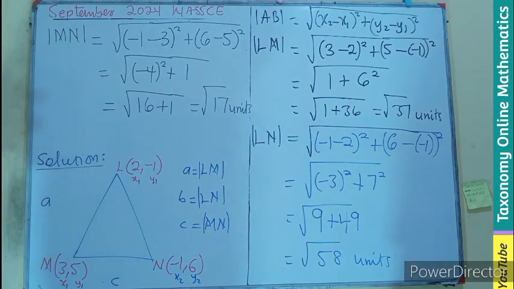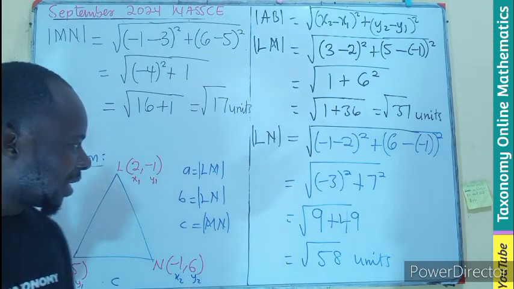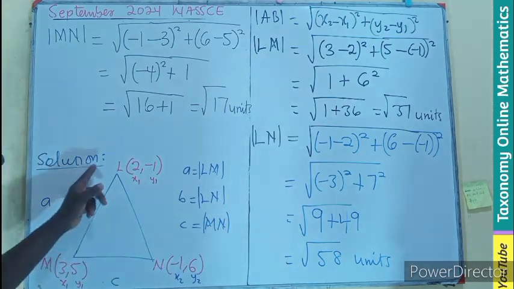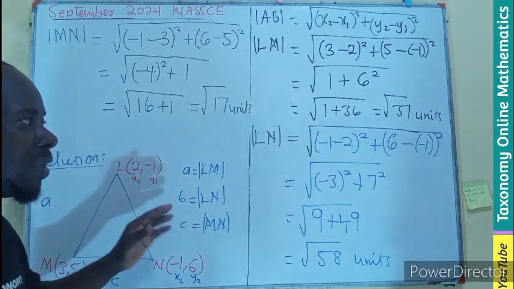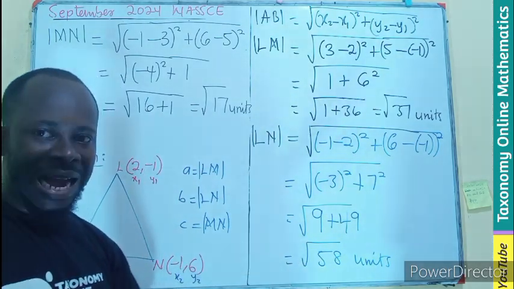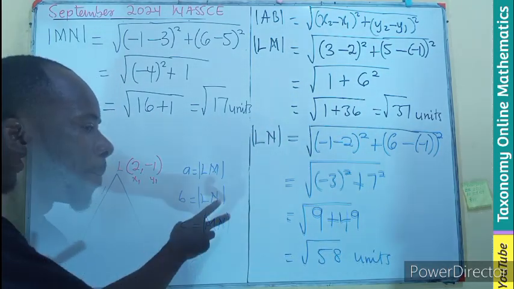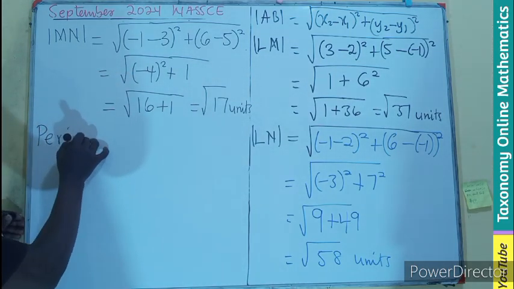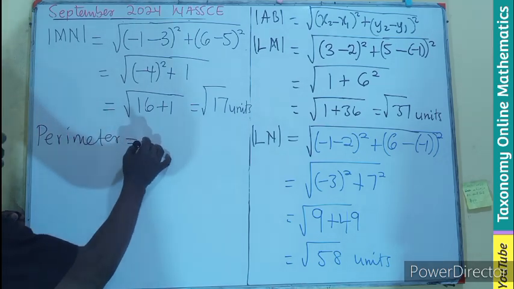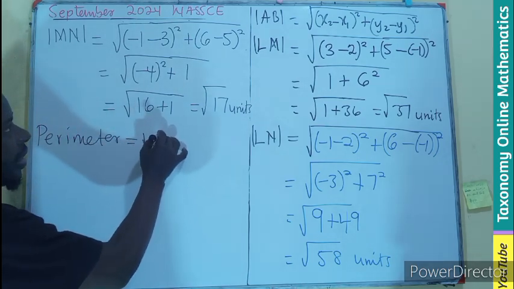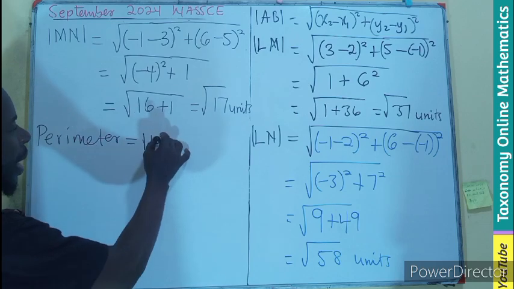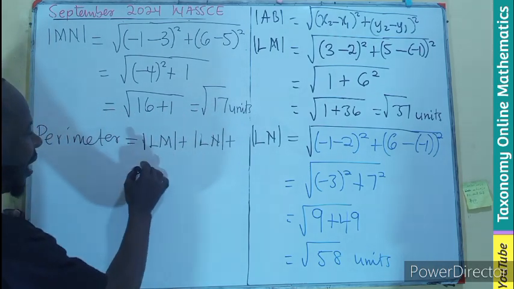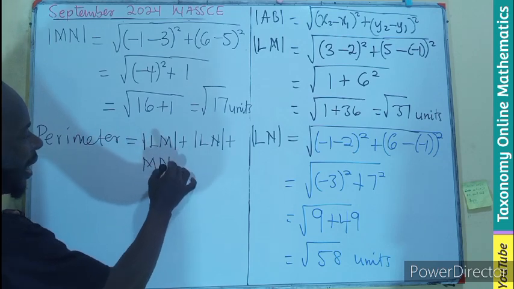So now, per the definition of perimeter, these lengths added together give us the perimeter of this triangle. So we need to add all of them. Since we know their values, that can help us find the perimeter. Hence, the perimeter is going to be the length of LM, plus the length of LN, plus the length of MN.